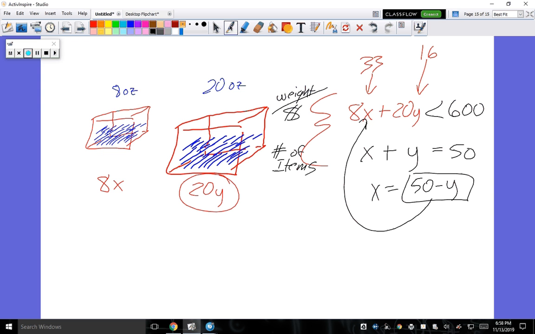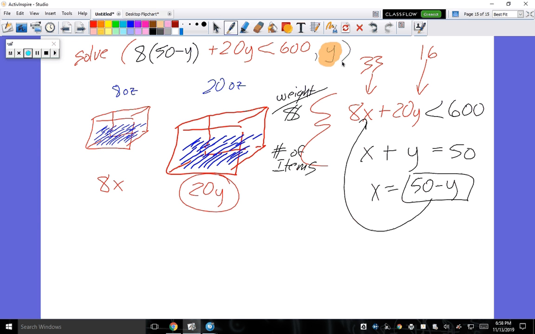So then I could say 8 times 50 minus y plus 20y is less than 600. Does that make sense? So now, everything is in y. So let's put this in our calculator another way and look for the calculator to spit out my answer of y.